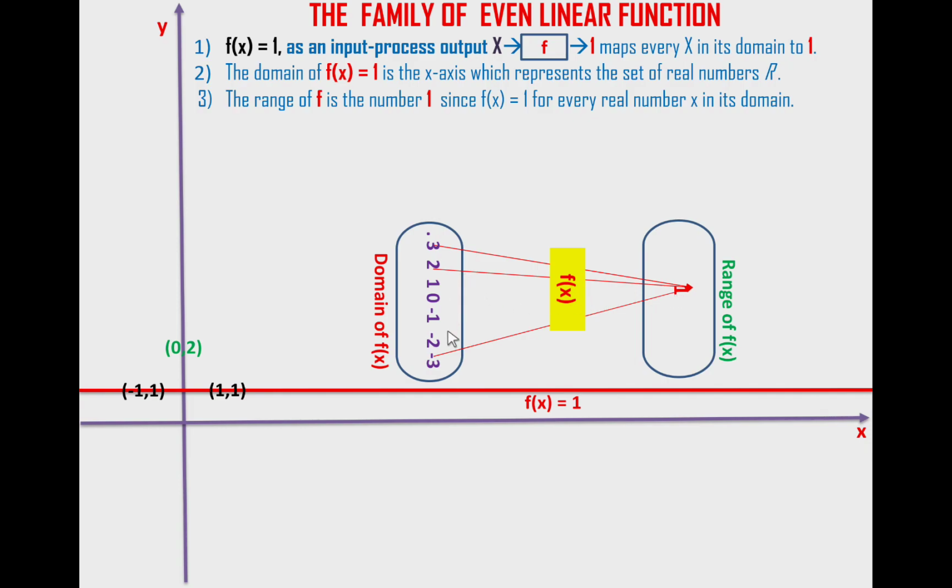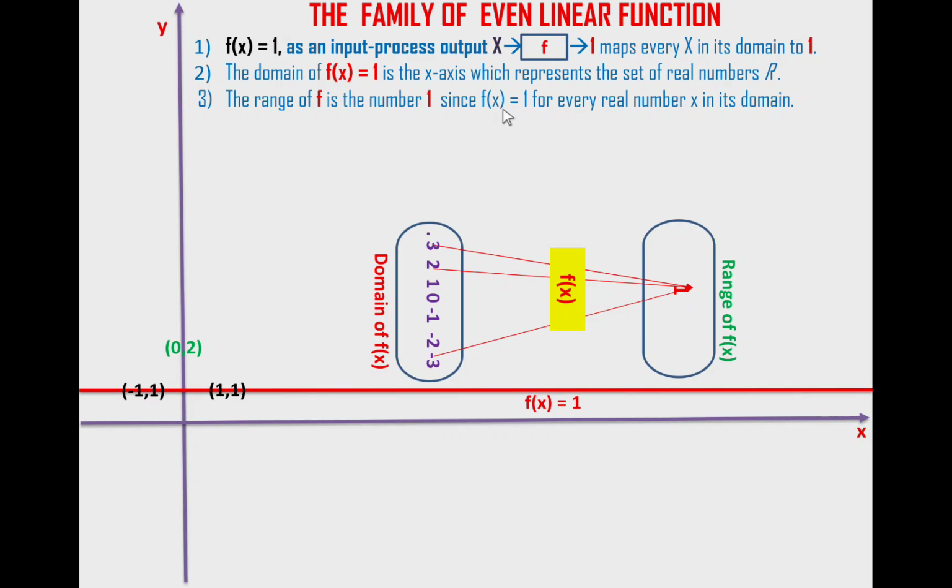And every value inside and every value outside this range, if we send it as input to the function f of x, its output will be equal to 1. And that is basically the third characteristic.